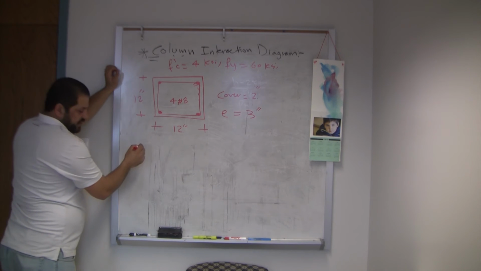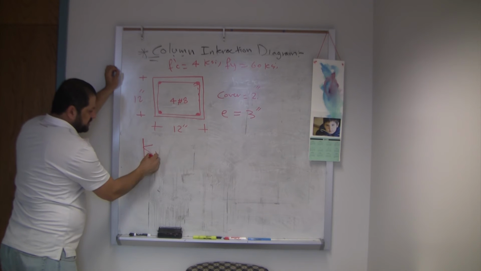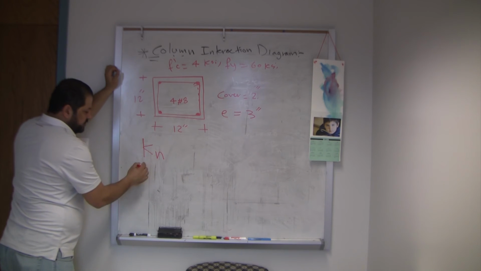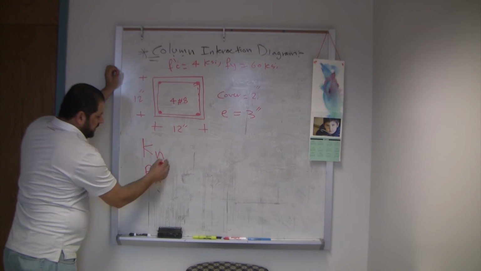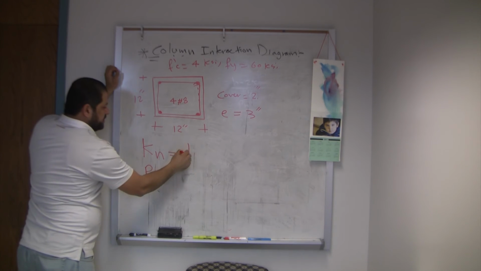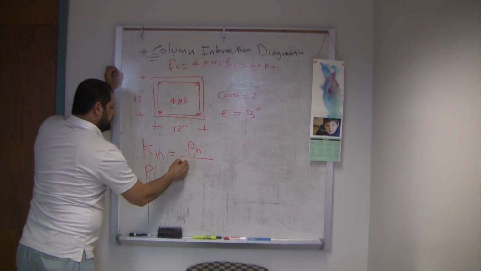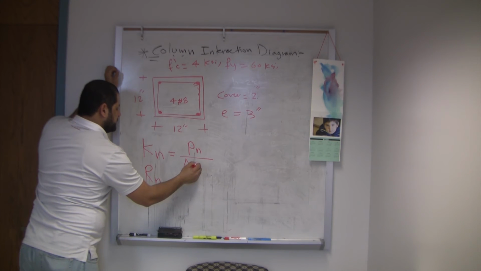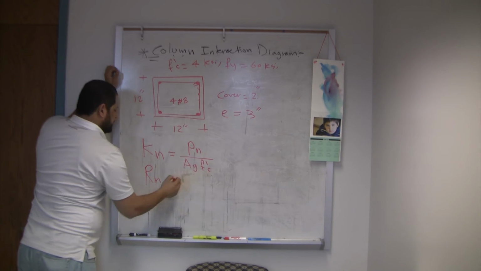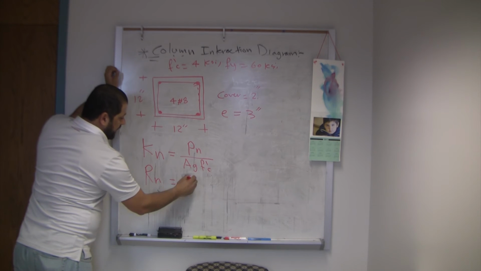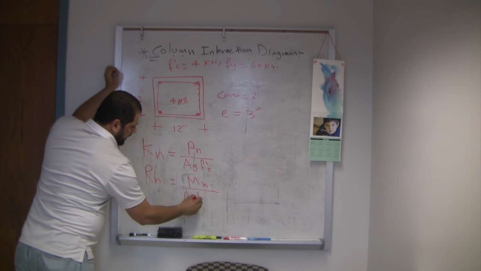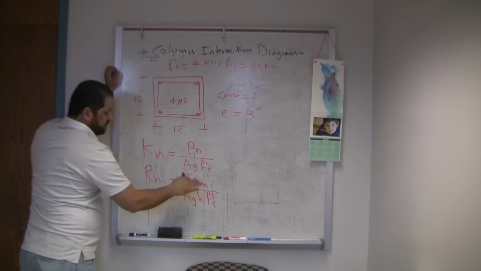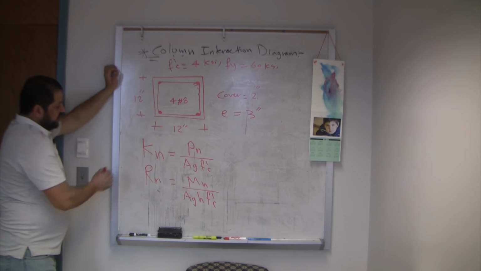As we said, for the interaction diagram, the first thing we need is Kn, which is a normalized load factor, and Rn. Kn is Pn over A gross F prime C, and Rn is Mn over A gross H F prime C. Now what do we have in here?